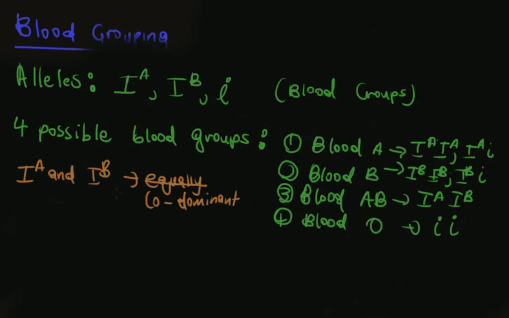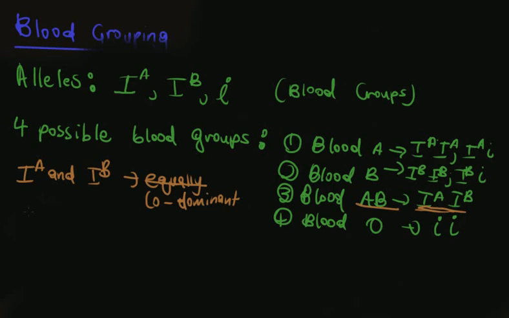When we talked about co-dominance, we said they are equally dominant, so they will both express themselves in the phenotype. So now it's a combination of A and B. We are not saying it's blood group A, and we're not saying it's blood group B, but we are saying it's blood group AB, because they are equally dominant. That means they both express themselves in the phenotype.